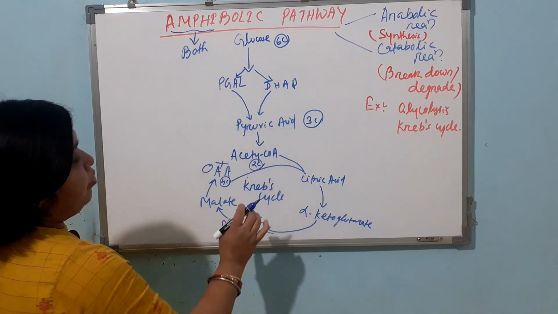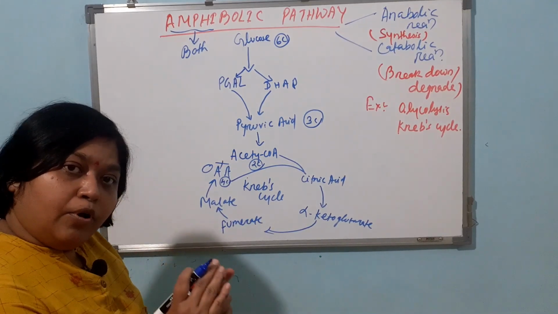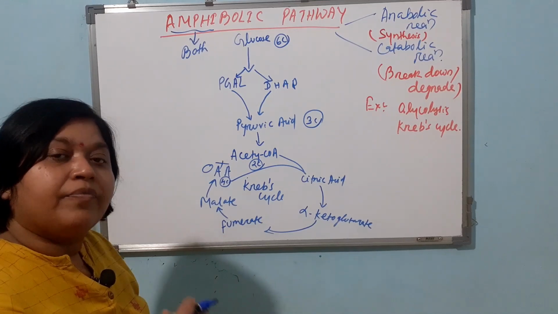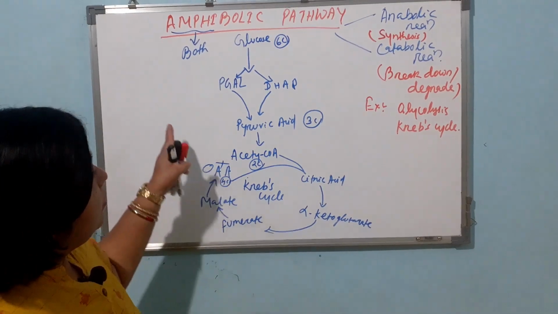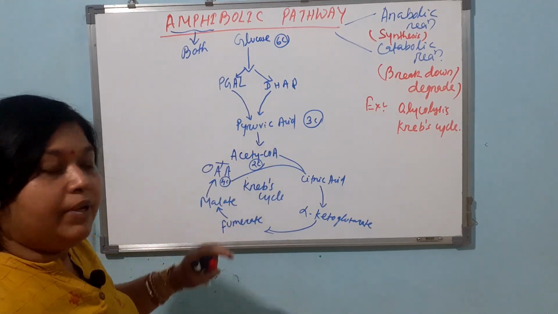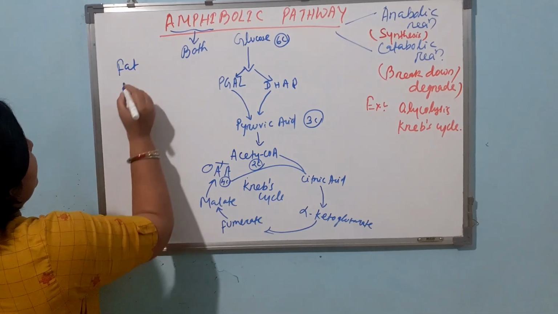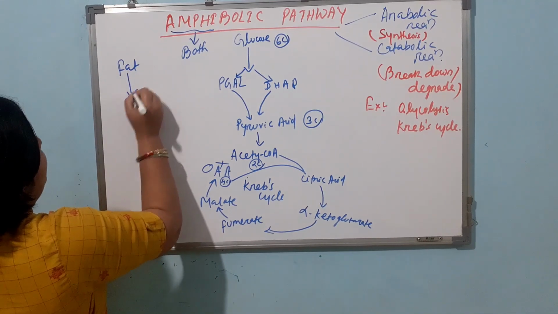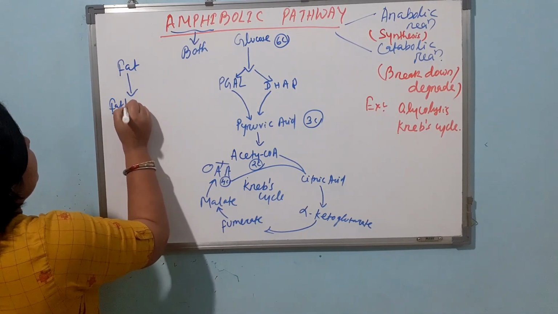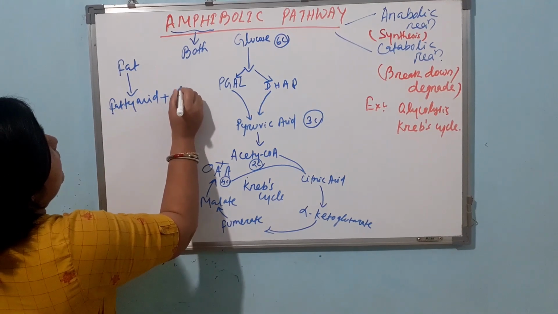This is the pathway for carbohydrate, but fat and protein do not enter from the beginning of this respiratory pathway. If we go for fat, first fat will break to form fatty acid and glycerol.